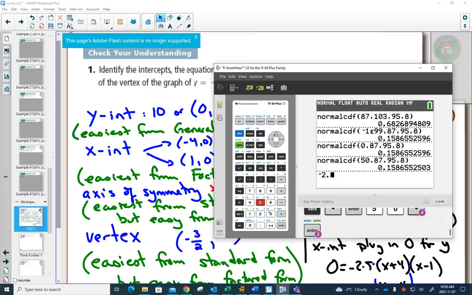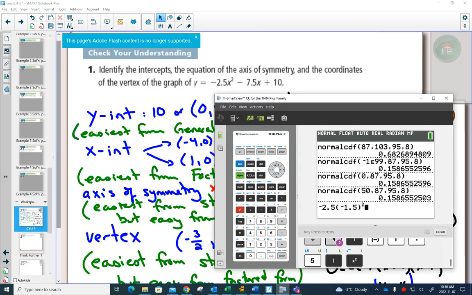-3 divided, oh, it did a little fuzzy thing. -2.5. Wow, okay. I'm going to go back. Bracket. If you want, you can change it to a decimal because your calculator can handle it. -1.5 squared. Right, I'm rewriting. I'll slide this down. Minus 7.5 bracket -1.5.